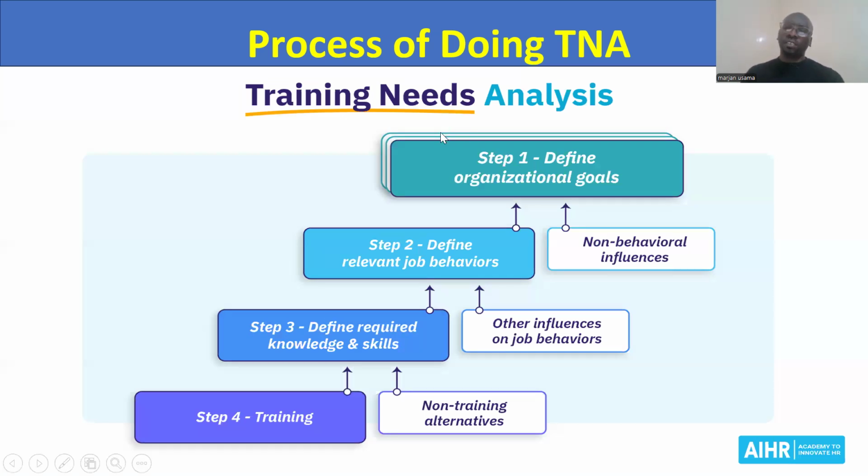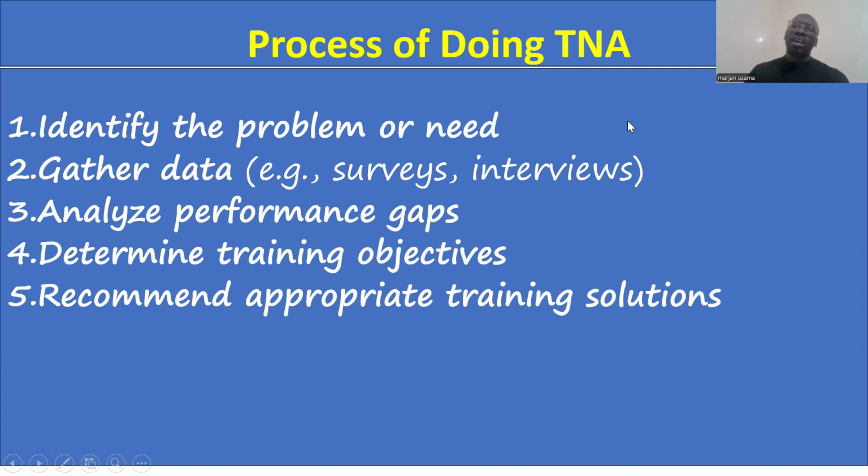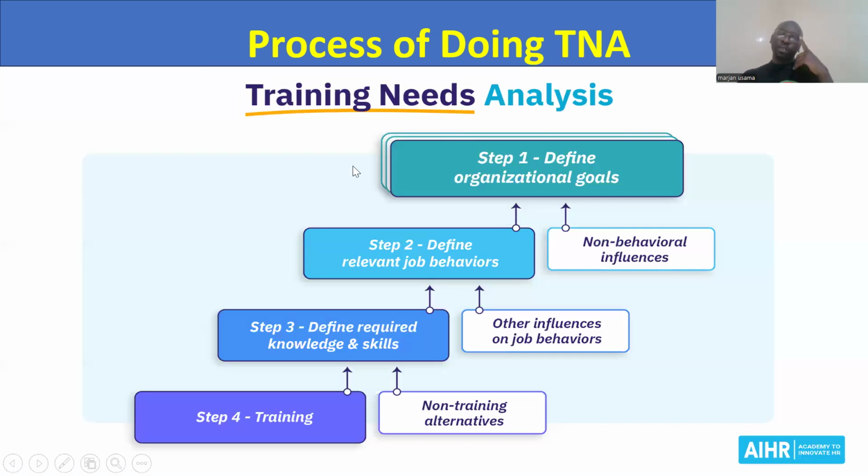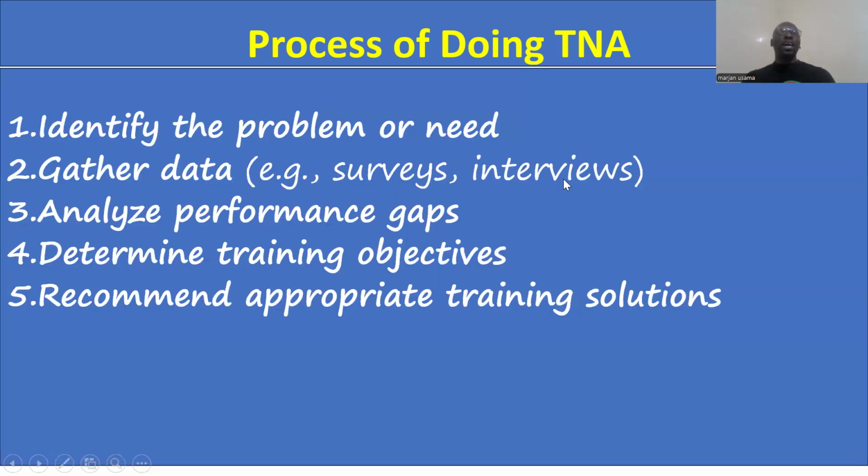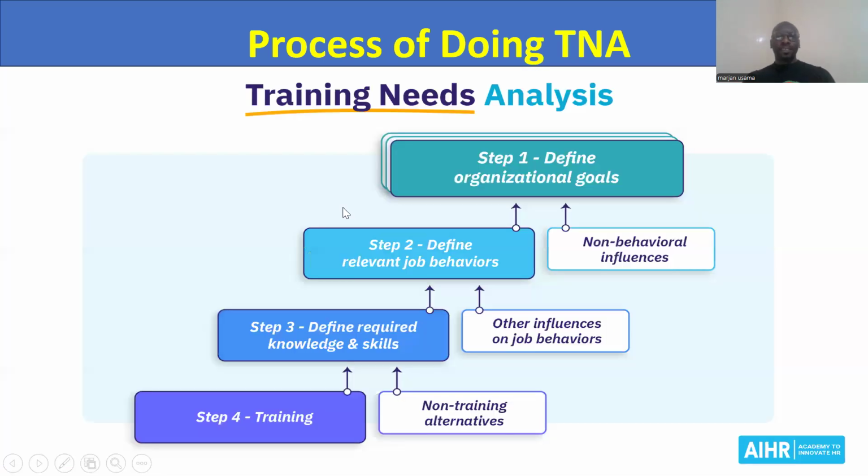There are different models. So this is the first process. If you go to some sources, they will give you this as the process. So number one, define organizational goals. Defining organizational goals is identifying the problem. This is what they mean by non-behavioral influence. So you need to define what is the problem, what are the objectives, what do we want to achieve?